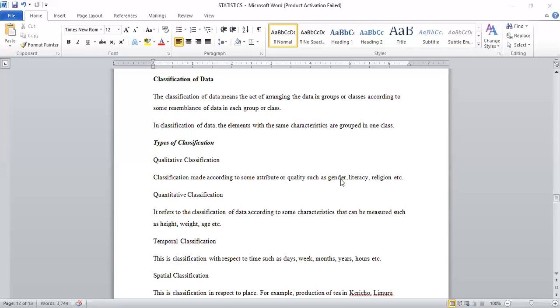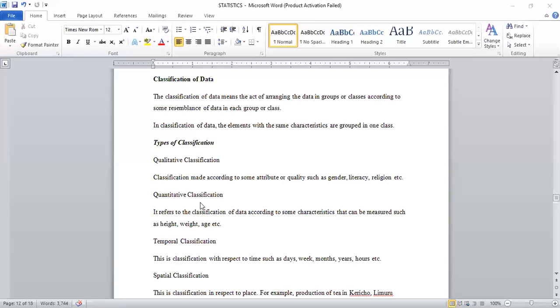The literacy, or in simple terms, education level, where a person can have dropped after primary, secondary school, after a diploma, a degree, masters, and so on. So you're trying to find the level of education of a person. Religion, a person can be a Muslim, a Christian, a Hindu, and so on. Those are the attributes of that person. So in that case, you can classify all the respondents with those attributes.